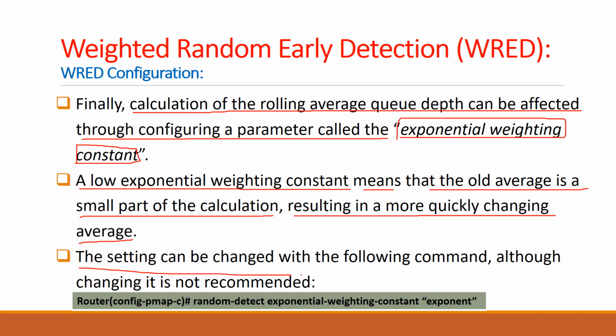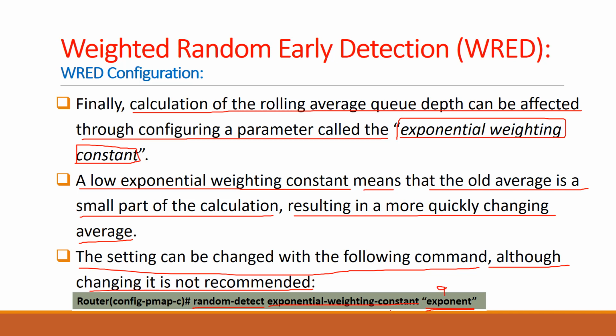The setting can be changed with the following command, although it is not recommended because the default value is 9. But if you want to change this value, you can type random-detect exponential-weighting-constant and give it a value. The default value is 9.